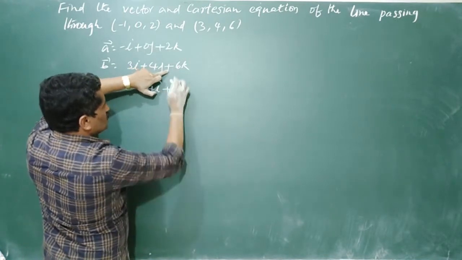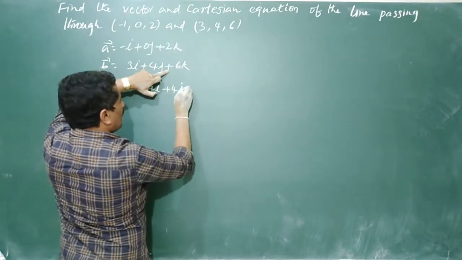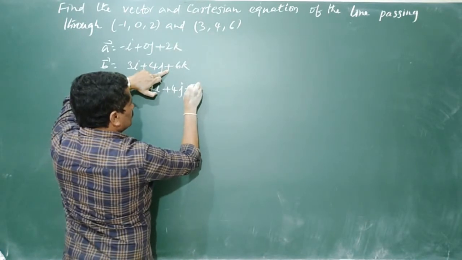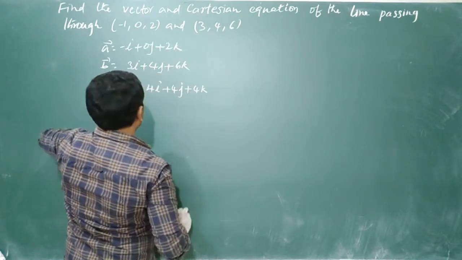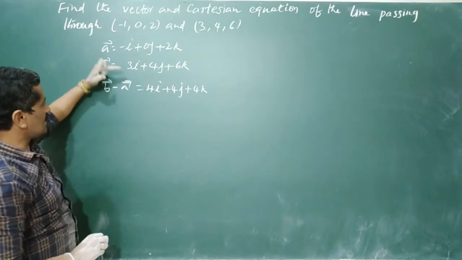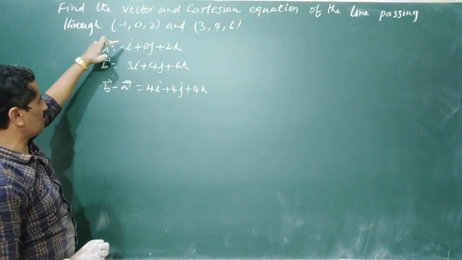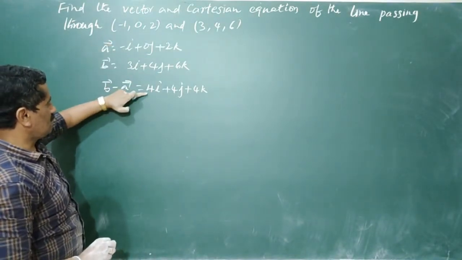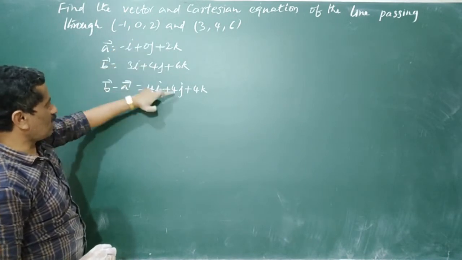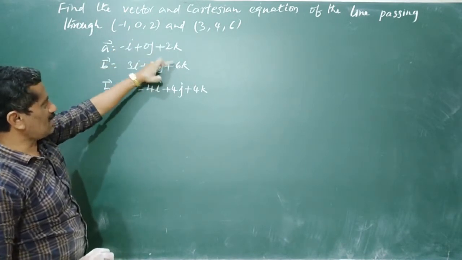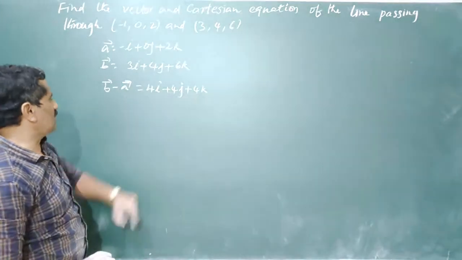Again 6 minus 2, we have plus 4k. Dear children, b bar minus a bar is 3 minus of minus 1, we have plus 4i, 4 minus 0 we have 4j, 6 minus 2 we have 4k.